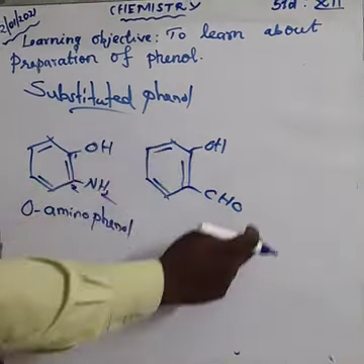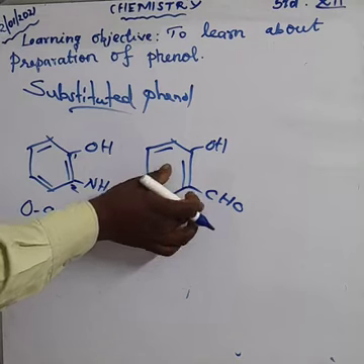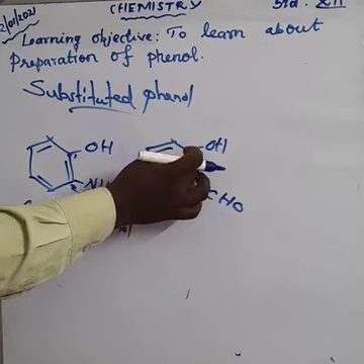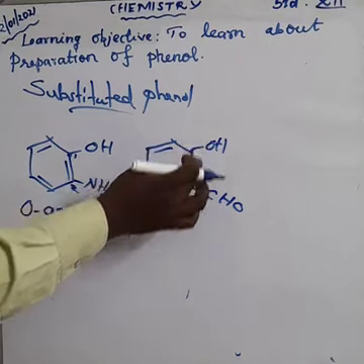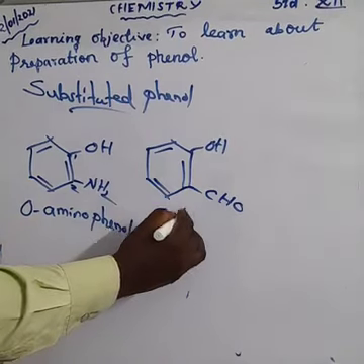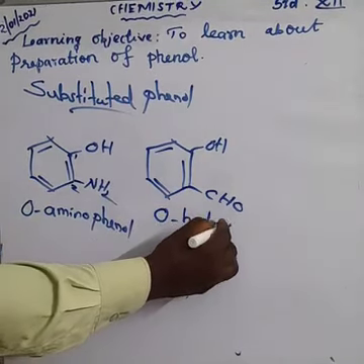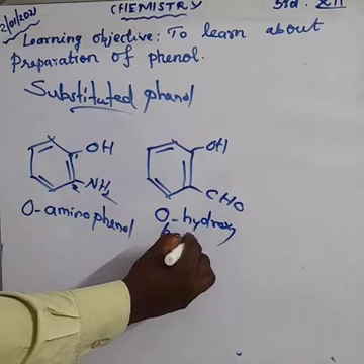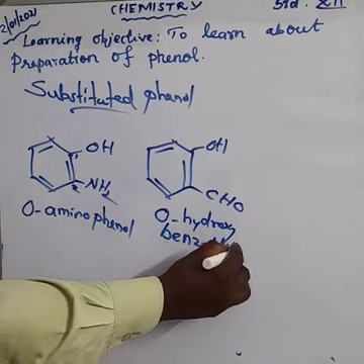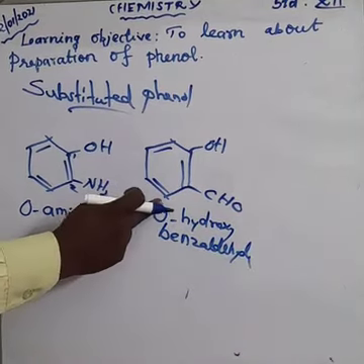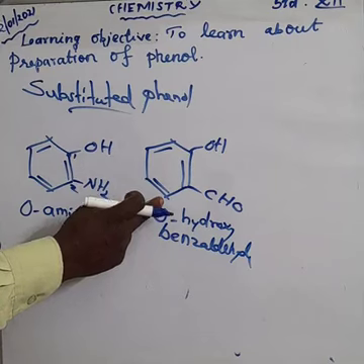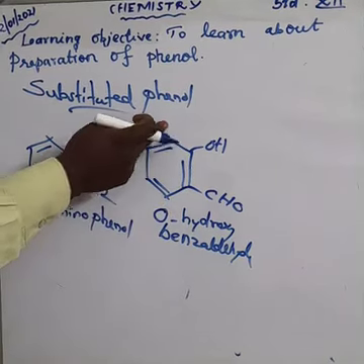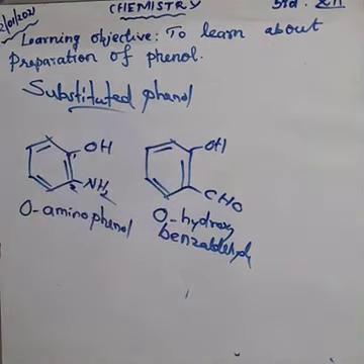Okay, benzene with an aldehyde, so the name of the compound is benzaldehyde. The benzaldehyde here has an OH group in the ortho position. So the name is orthohydroxybenzaldehyde. Like that, here meta hydroxybenzaldehyde. Opposite is para hydroxybenzaldehyde.